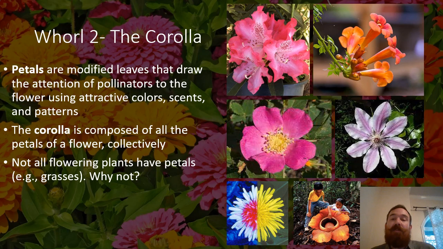Rather, they have evolved to pigment themselves in colors that are attractive to their pollinators. So, for example, dandelions, if we look down in this bottom right corner, we can see that under normal light, dandelions are yellow. Yellow is a color which is highly attractive to bees. Purple is another color which is very attractive to bees.